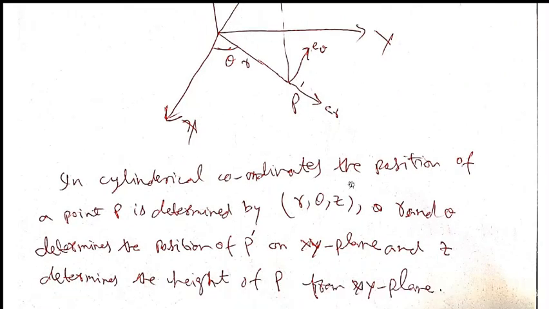So in cylindrical coordinates, the position vector of point P is determined by three components, r, theta, and z, where r and theta determine the position of P dash. As I was saying, r, theta are the components of P dash on the xy plane, and z determines the vertical height of P from the xy plane. You can easily see from the figure.